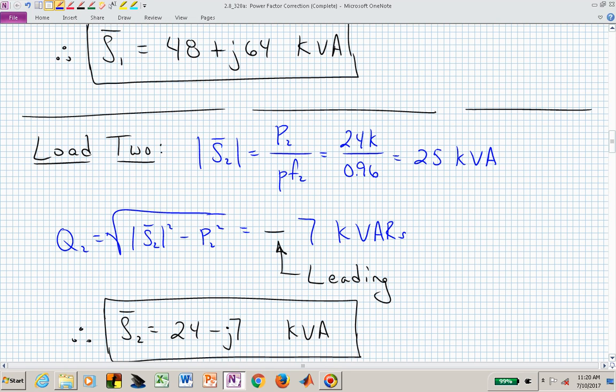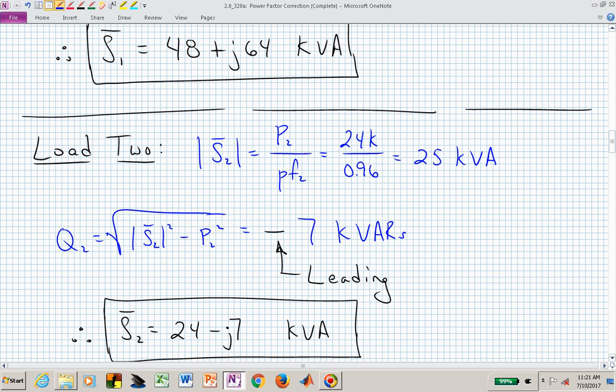We were given the average power of 24,000 watts and a power factor of 0.96. The distinction now is we were told that that particular power factor was leading, which says that we now have a capacitive type load for load number 2, and we identify that by assigning a negative sign for our reactive power.